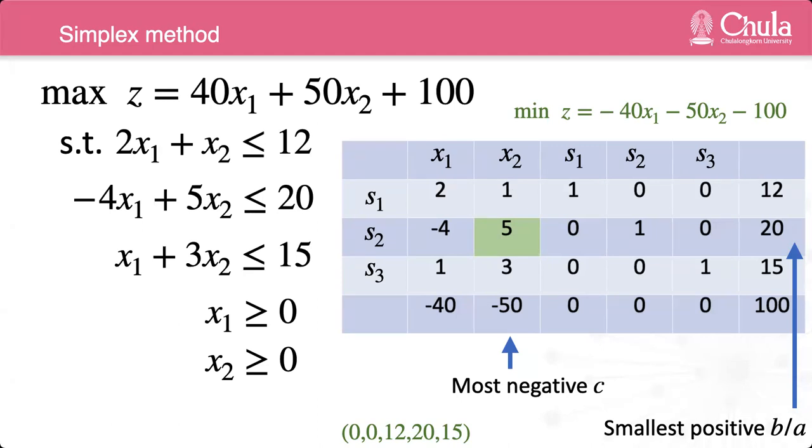So you look at the ratio of B over A, using the coefficient of A in this x2 column, and find the smallest positive ratio, because it defines the row where we can increase x2 to the largest value.